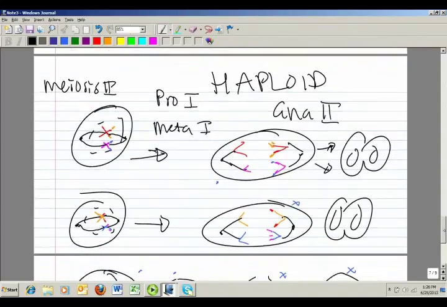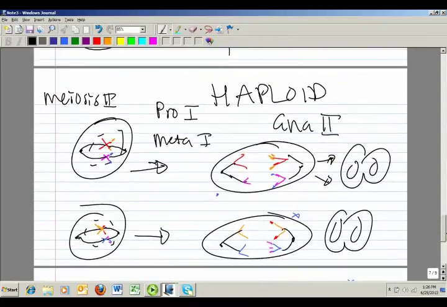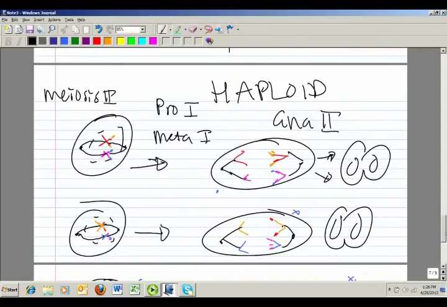You've noticed that this is very similar, lining up wise, to mitosis, except for its haploid and the genetic variation. But we separate sister chromatids.